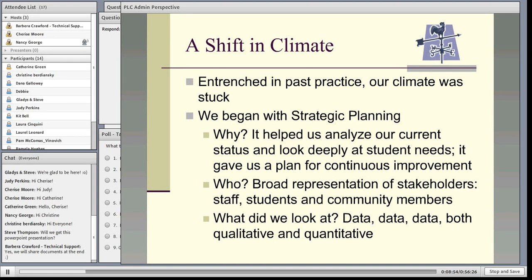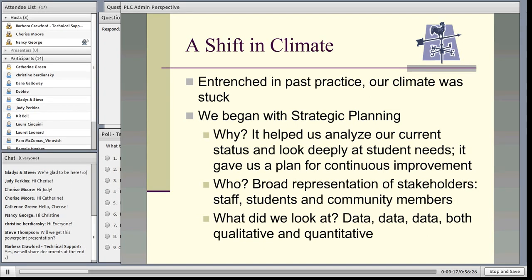So the kind of data I'm talking about is enrollment data, demographic data, test scores, graduation and persistence rates. What were our facilities? What was our staffing? What was our budget? What was the curriculum we were using and the materials? What kind of statistics did we have for previous staff development?